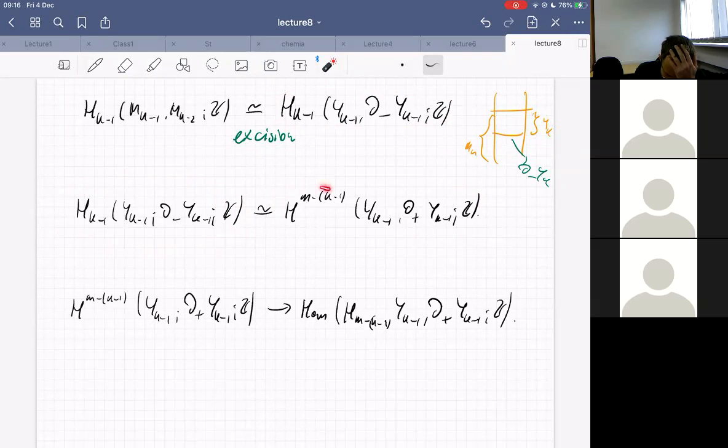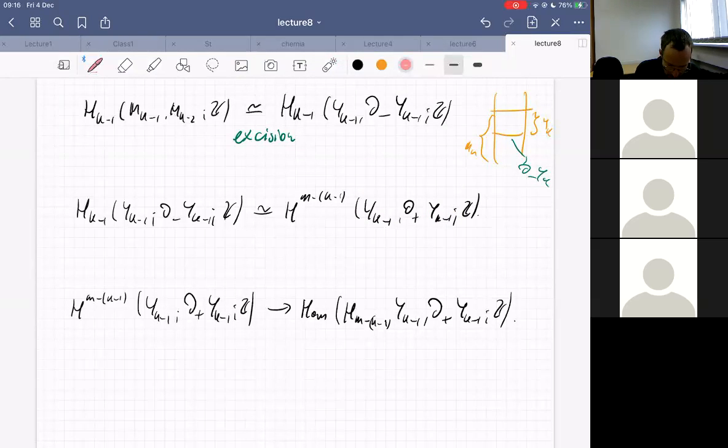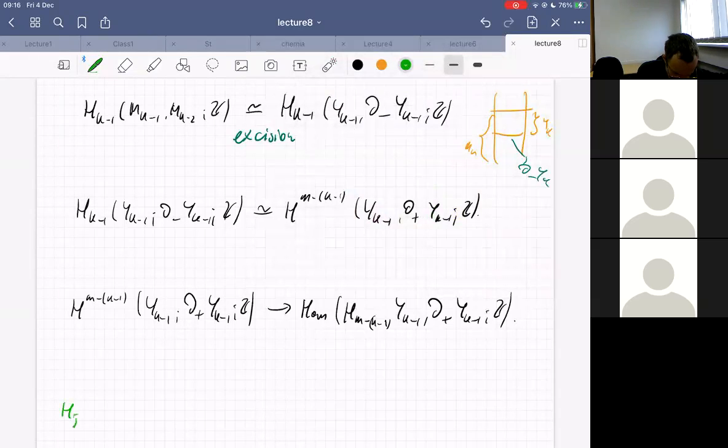So what is this isomorphism? You probably know that there is something called Poincare duality. If you don't remember what Poincare duality is, then it tells you that if you have a closed manifold, let me just make a side remark, closed manifold, then Hj of X is isomorphic to H dim X minus j of X, and this is Poincare duality.